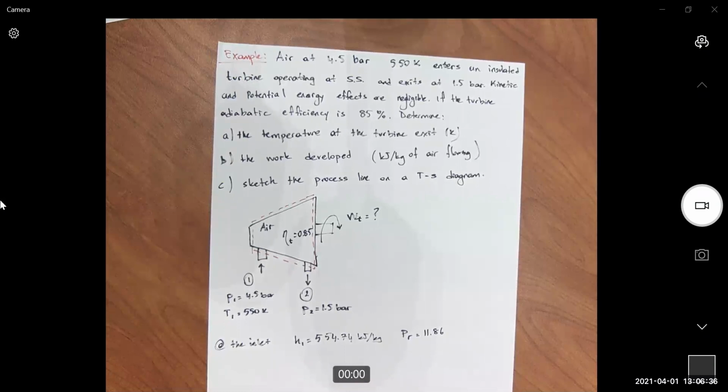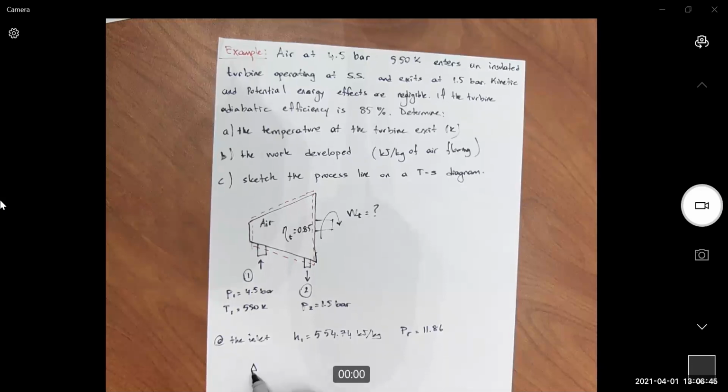If a system is isentropic, meaning that it's reversible, right? If delta S equals 0, P1 over P2 equals PR1 over PR2, right? And we explained where all these come from.